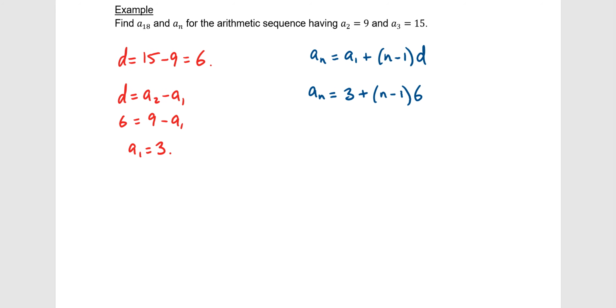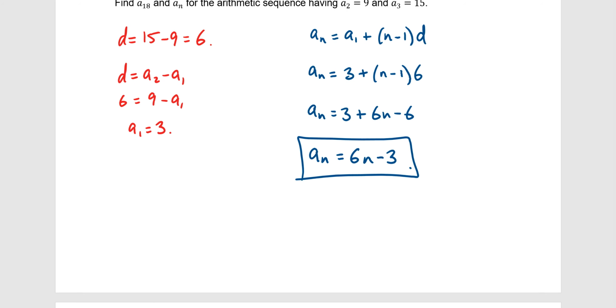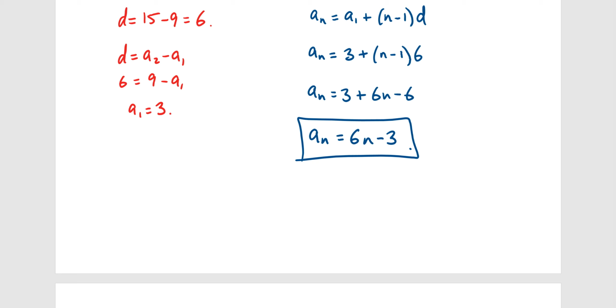So let's just go ahead and simplify it for a sub n before we plug in for a sub 18. That's going to end up being distribute the 6, 6n minus 6, and combine like terms, that's 6n minus 3. So that's a sub n. The question said also find a sub 18.